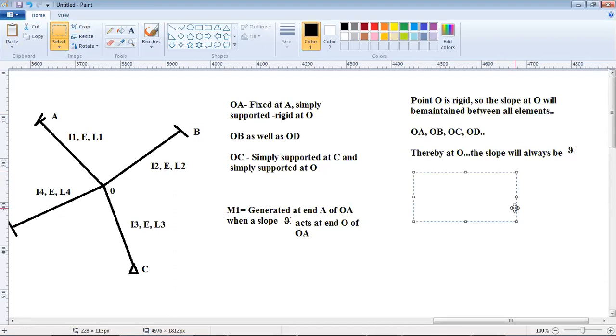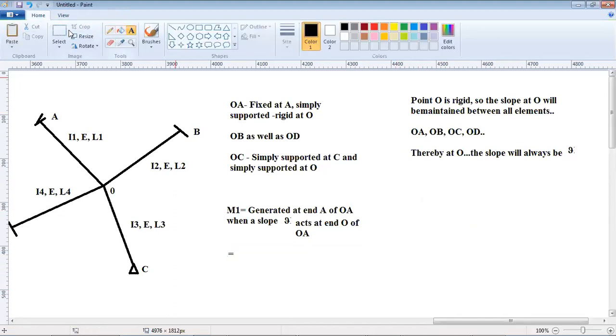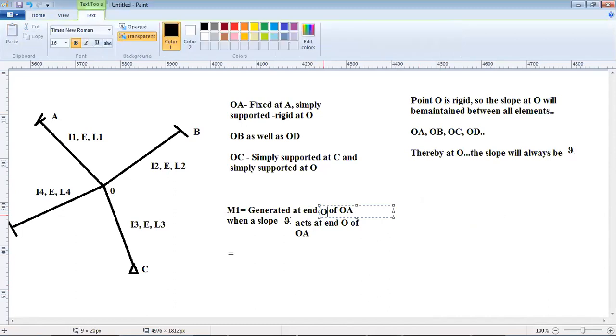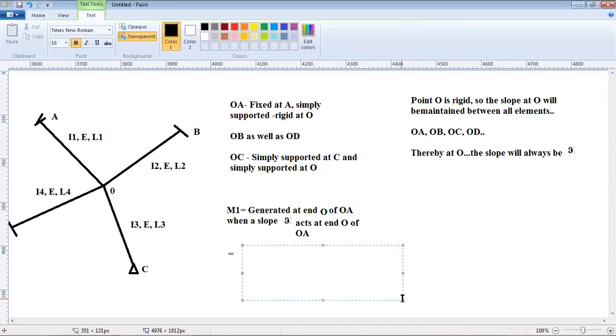So as we were determining M1, this is not end A, this is end O. M1 will now be equal to 4EI by L. Now E is the same everywhere.